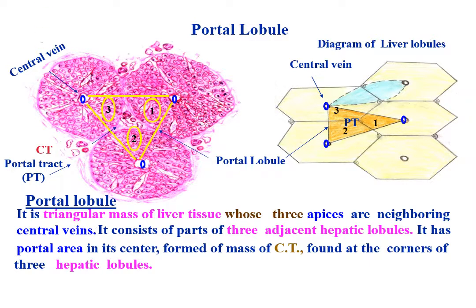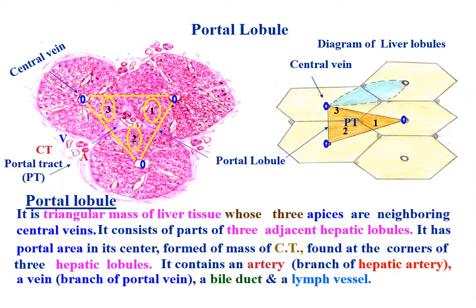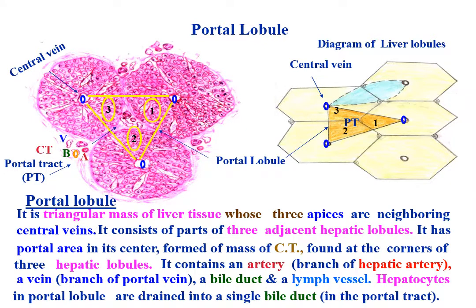It contains an artery, a branch of the hepatic artery, a vein, a branch of the portal vein, a bile duct, and a lymph vessel. Hepatocytes of the portal lobule are drained into a single bile duct present in the portal tract.